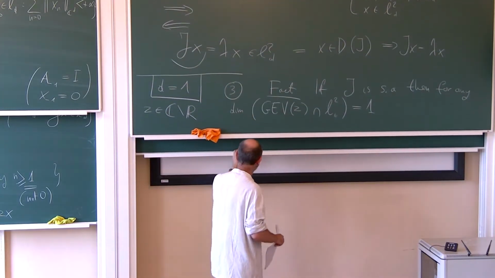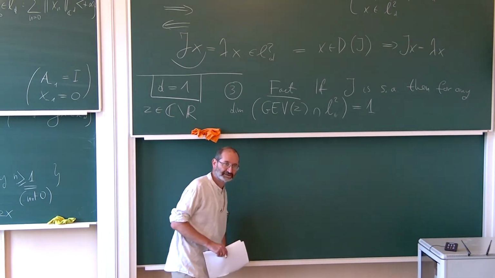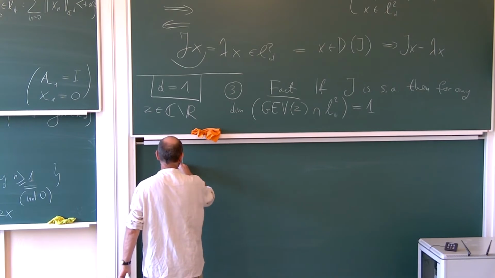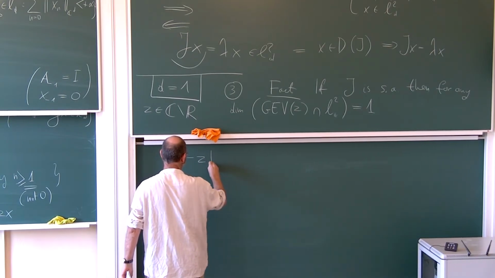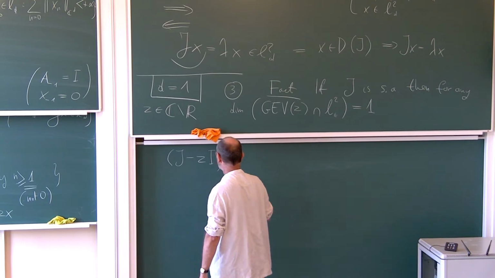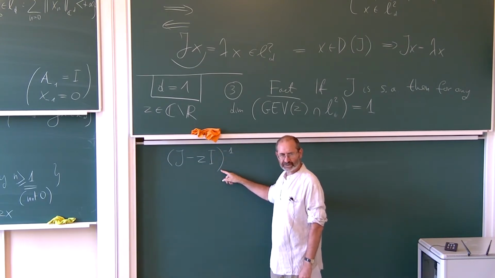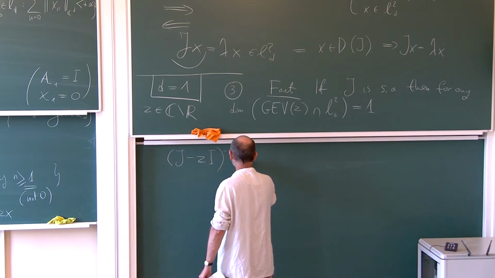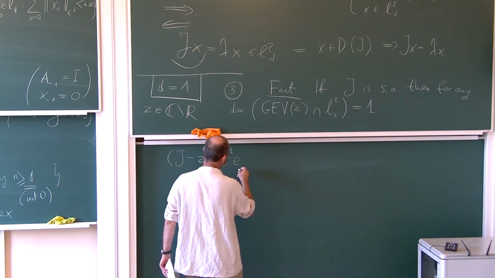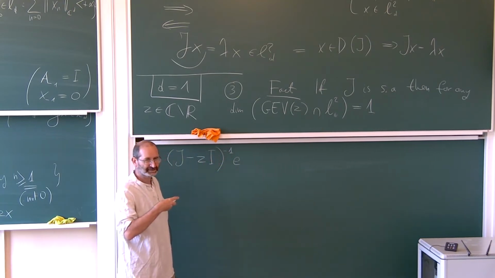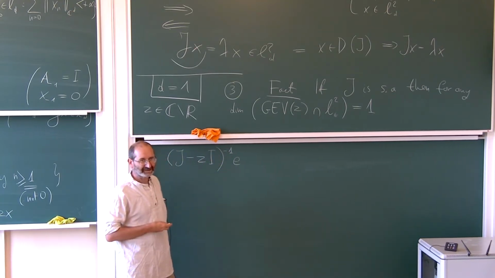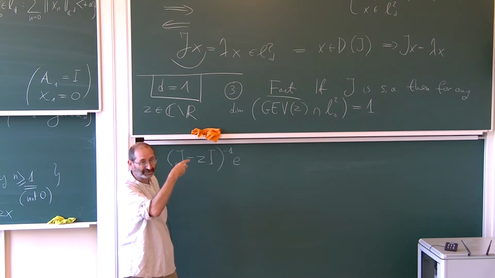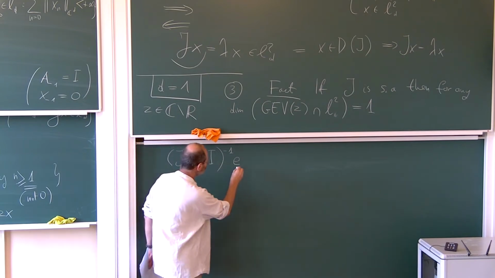How to find it? We should just use the resolvent. So take (J minus Z identity) to the power minus 1. This is a resolvent operator. It exists because the operator is self-adjoint. And let us apply it to the zeroth vector from the standard basis in this space, so A0.